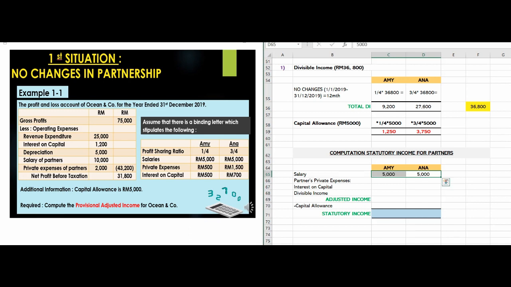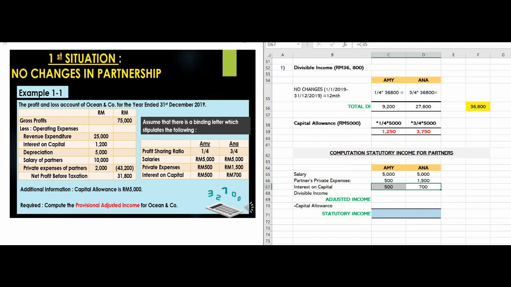So the salary amount would be 5,000 for Amy, 5,000 for Anna. Partner private expenses, 500 for Amy, 1,500 for Anna. Interest on capital, the amount would be 500 for Amy, 700 for Anna.